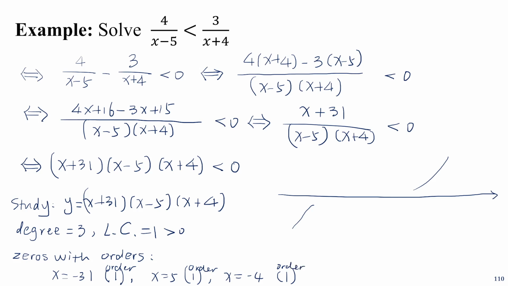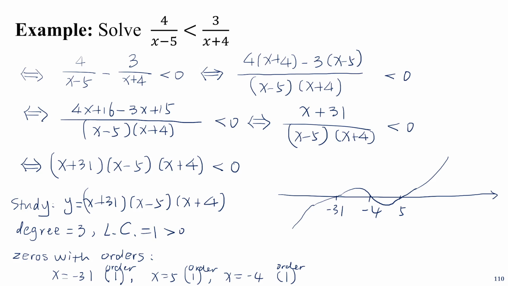So let's mark them on the number axis. Again, not necessarily to scale. It's just a schematic diagram. So each with order 1, that means the function will cross the first zero, then cross the second zero, cross the third zero, and connect to its end behavior like this, right?